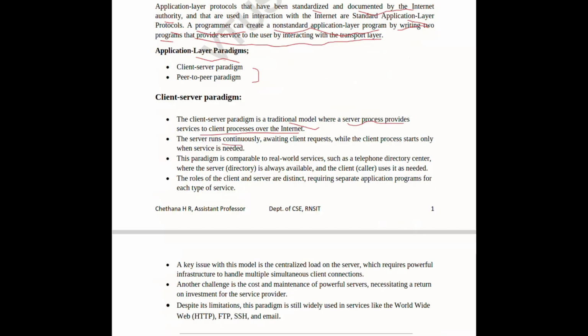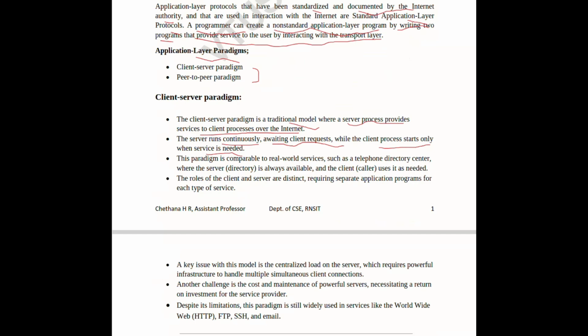The server runs continuously, awaiting the client request, while the client process starts only when the service is needed.